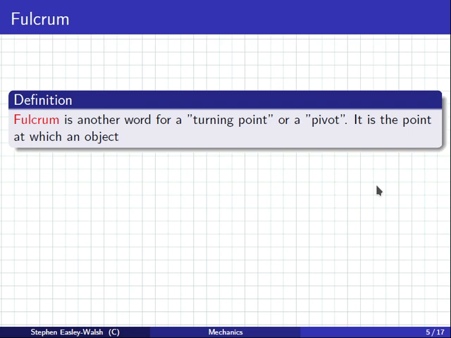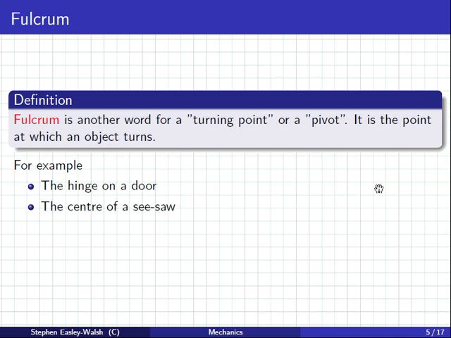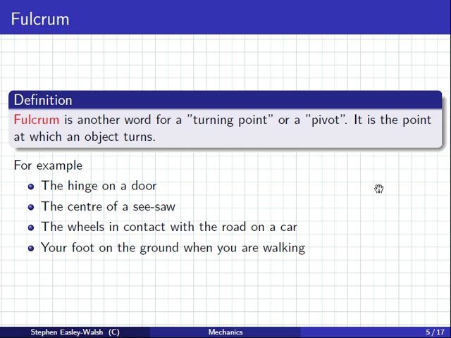Another example: the hinge on a door, the center of a seesaw. So you know a seesaw the kids are on goes up, down, okay? Another one, the wheels on a car. And the last one, your foot on the ground.